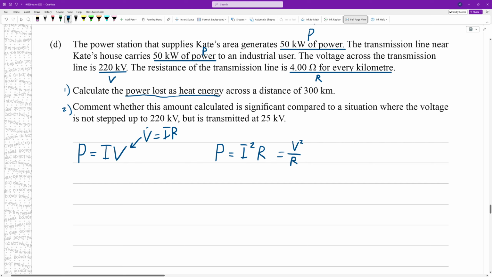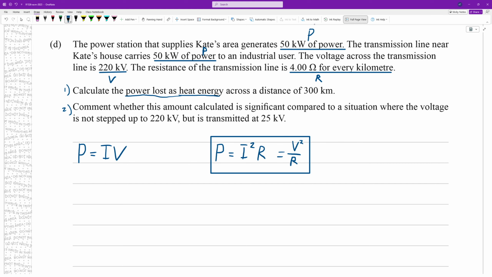If we put in IR for V, we'd get I squared times R. If we put in V over R for I, we'd get V squared over R. In this case, these power equations account for the resistance, so this will be the power lost as heat energy.